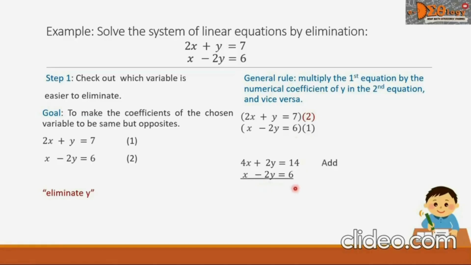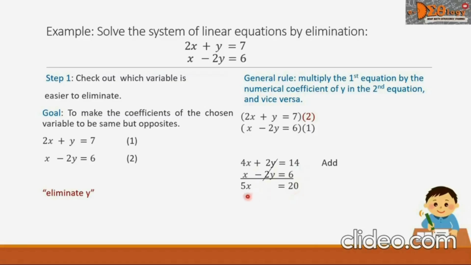And from here, let us add. Look at our variable y. We have positive 2y and negative 2y that we can simply eliminate or cancel. And then let us add the x and the x. So we have 4x plus x will be 5x. And the right side, this is now equal to 14 plus 6 is 20.